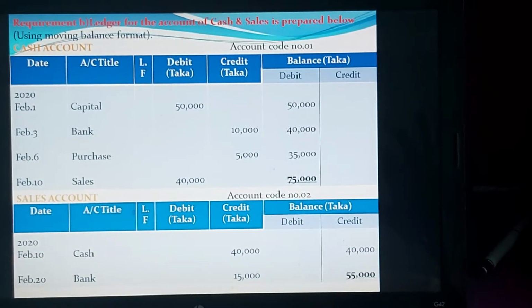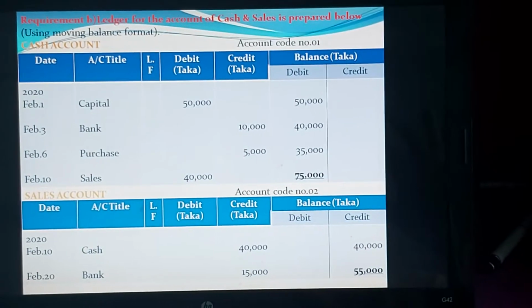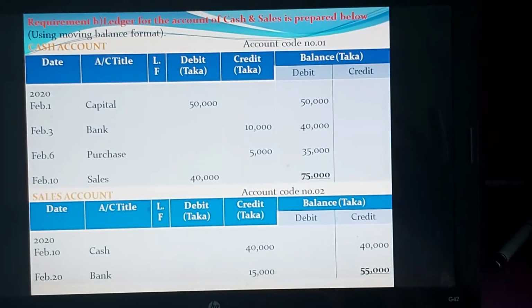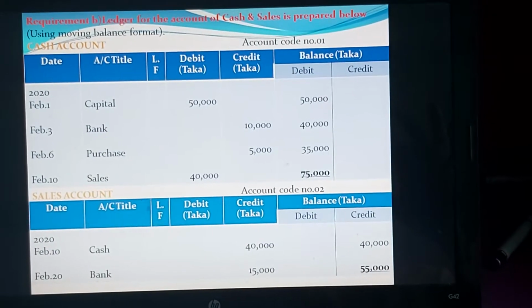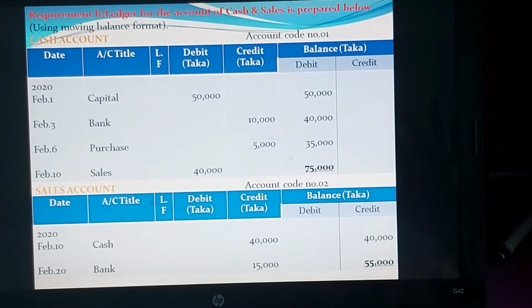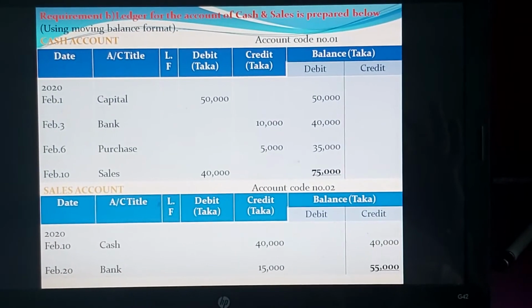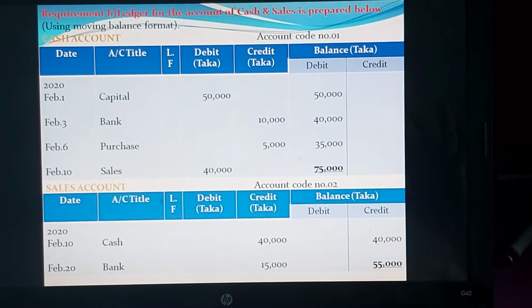I think you've understood from the previous lesson when balance and posting are to be adjusted. Now the available balance is debit but the posting is credit taka 10,000. Available balance of debit taka 50,000 and credit posting taka 10,000. Now taka 10,000 has to be deducted from the balance amount.